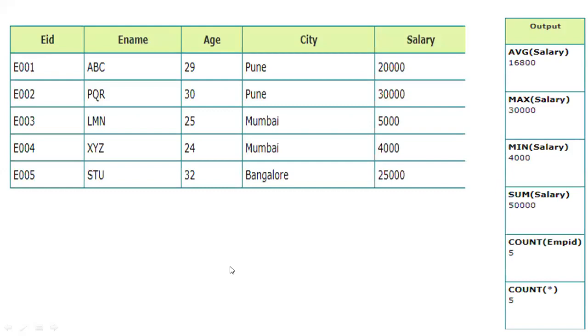Here an employee table is given, with employee ID, employee name, age, city, and salary. There are 5 records in this table, and we will see the results when we apply the aggregate functions over it.